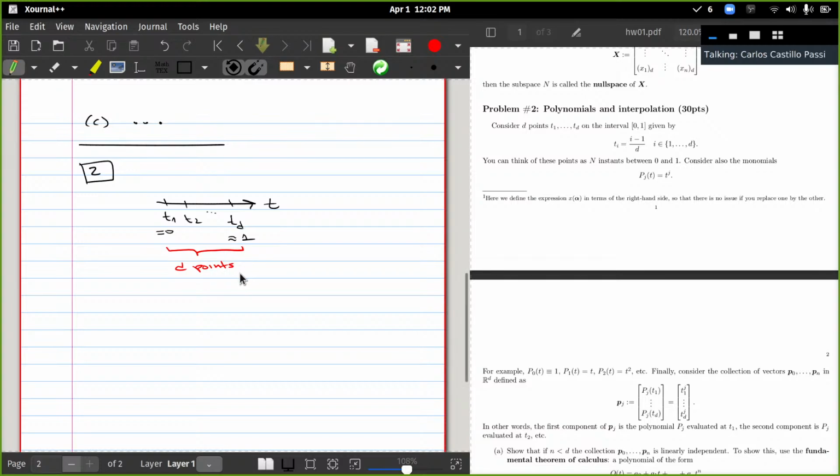So basically you're defining a set of d points between 0 and 1. What function we saw in the tutorials that can do that? In Python, of course.